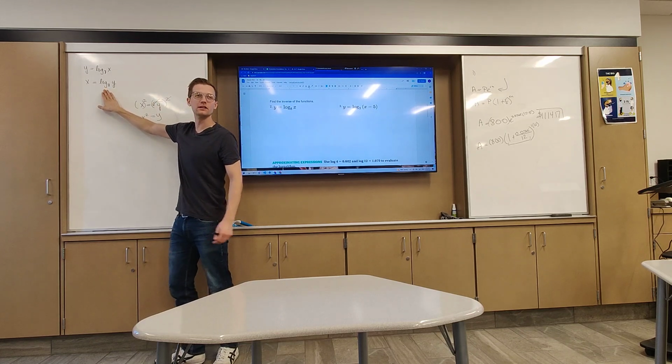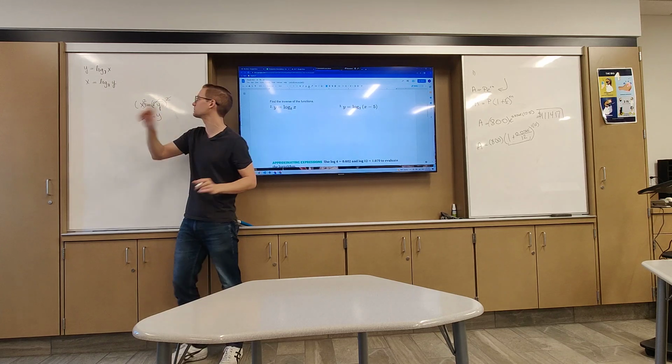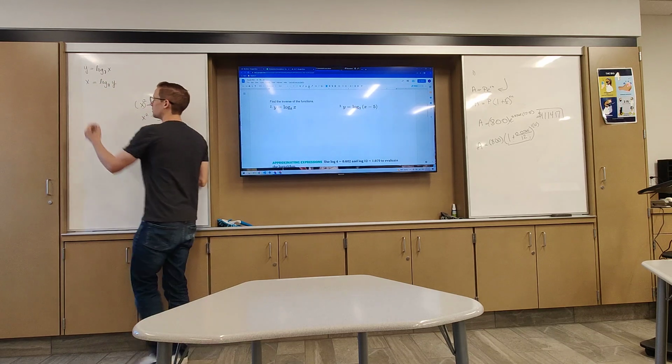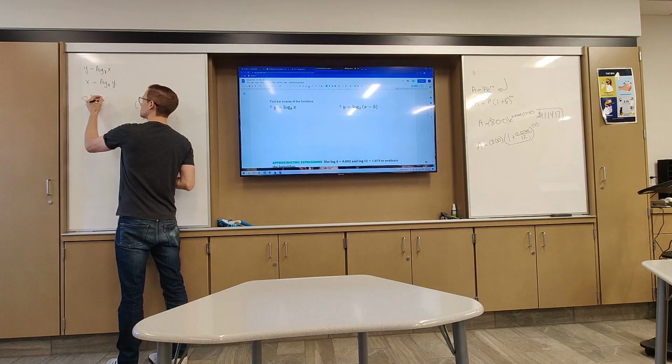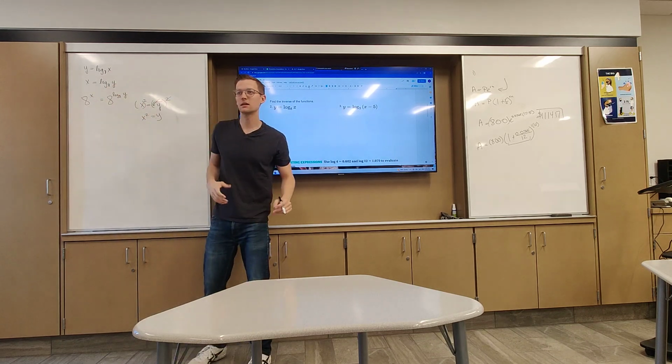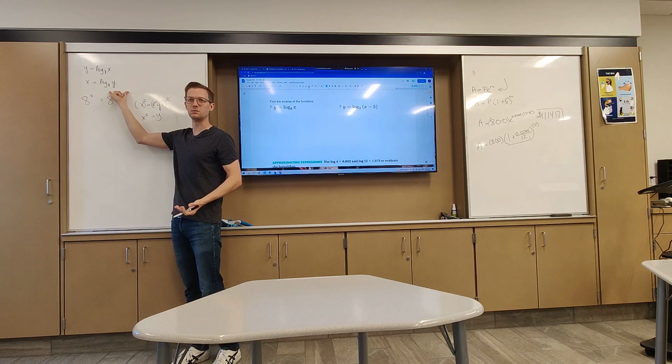So to get rid of this log base 8, I have to put an 8 as a base, and then my exponents are these two things. So I'll do 8 to the power of x is equal to 8 to the power of log base 8 of y. The inverse function is an 8 with this thing as its exponent.